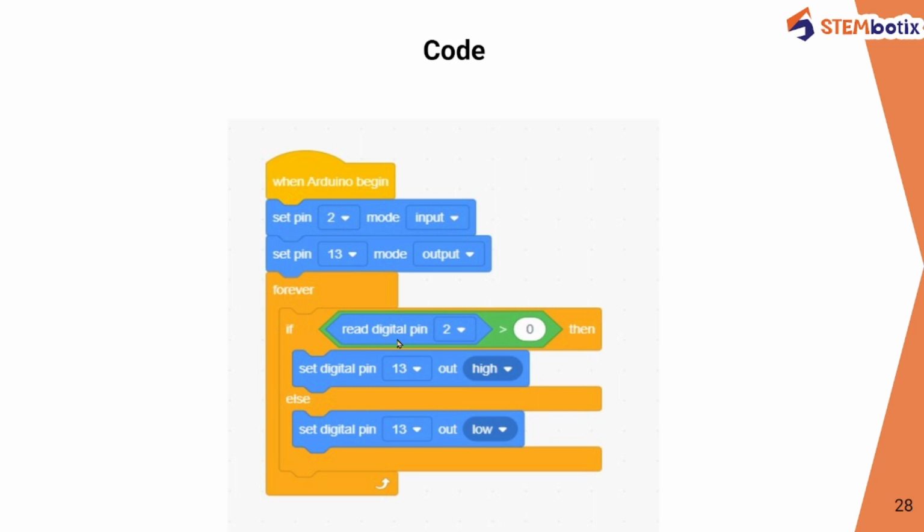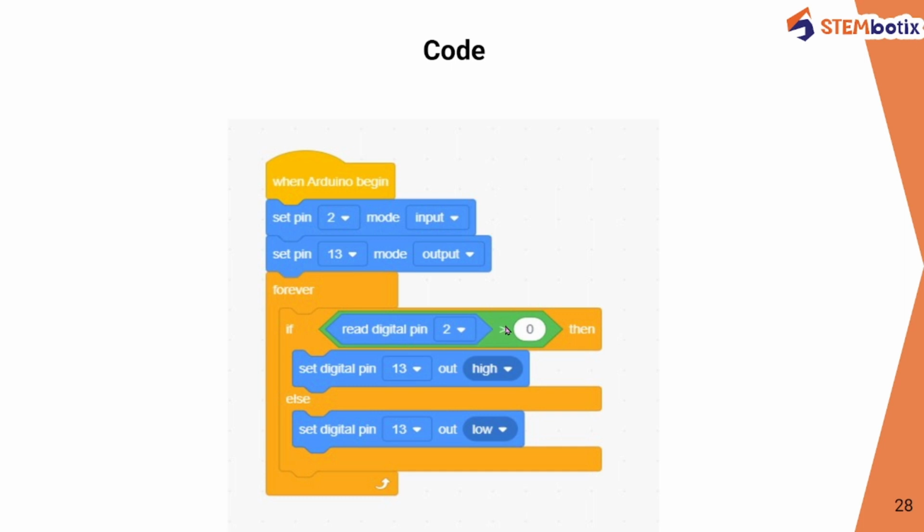Now take one read digital pin block and add it into the first blank area, and here we need to add the digit. Here we are going to add the digit as 0, meaning whenever there is data sensed by the IR sensor, because here we have connected the IR sensor. So read digital pin number 2.